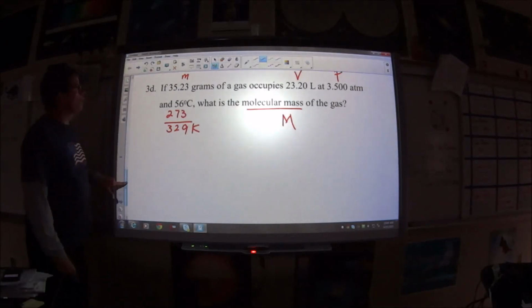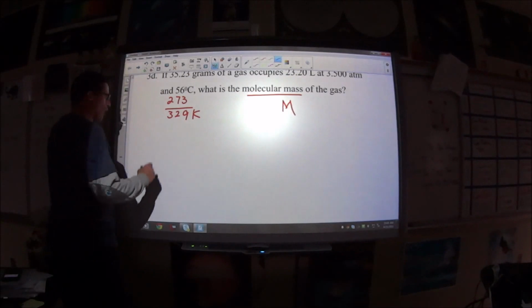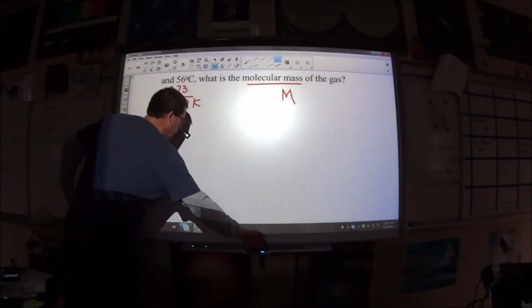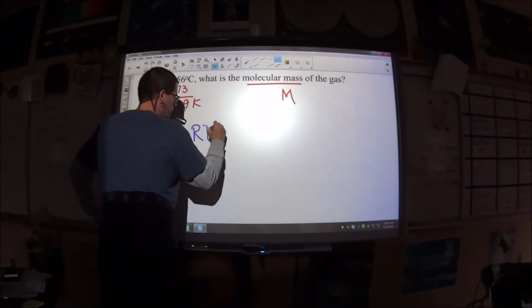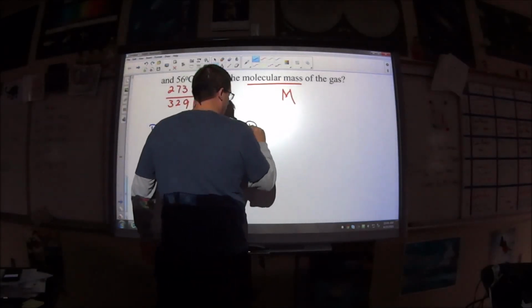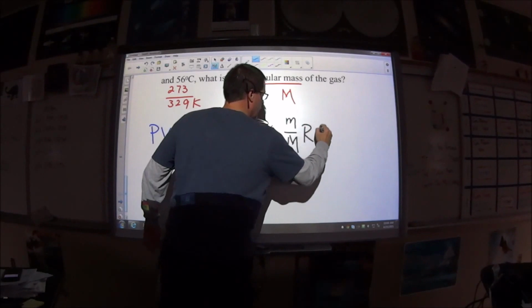Okay. So here we're looking for the molar mass. So let's start off again with PV equals, that's an n, sorry. PV equals nRT. And let's substitute again the little m. So now we have PV equals little m over big M RT.